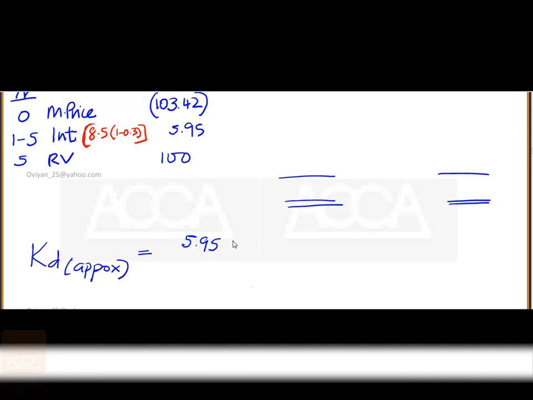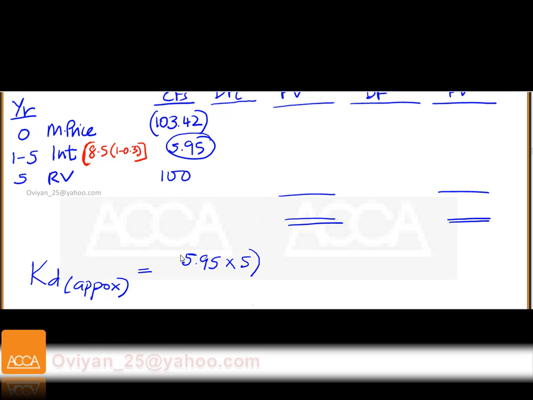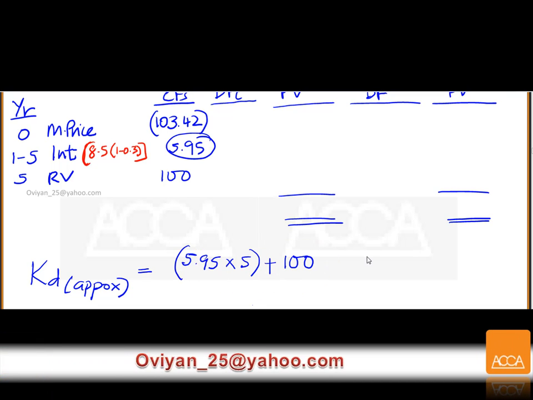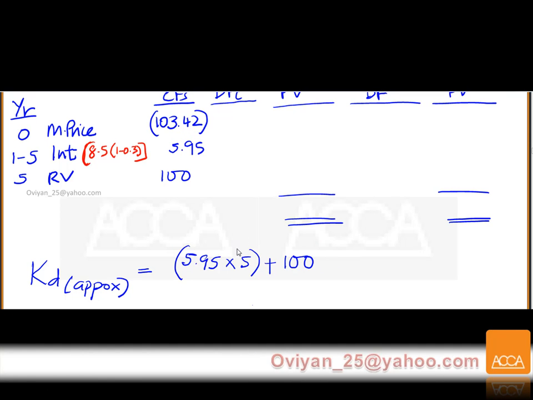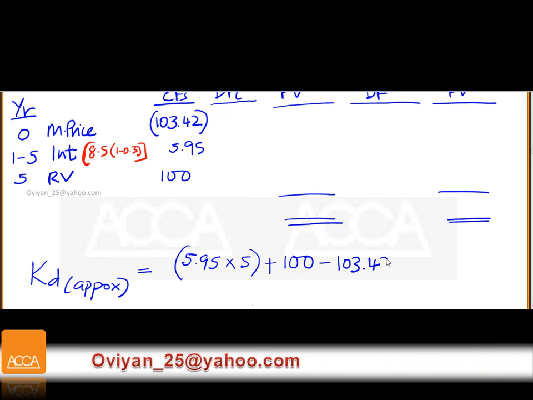Take 5.95, multiply. Okay, this is profits. Now we're going to find profits. You're going to get 5.95 for 5 years, plus on top of that, you're going to get $100. These are my total inflows in the business. Then, to get this figure, you have to invest 103.42.